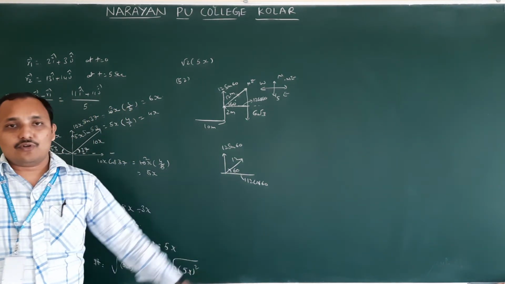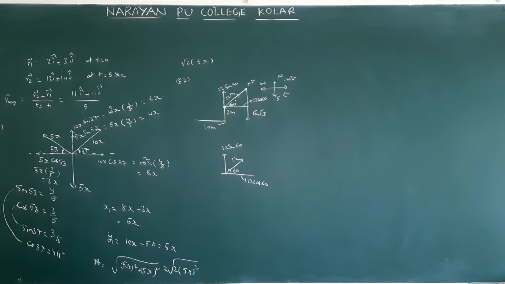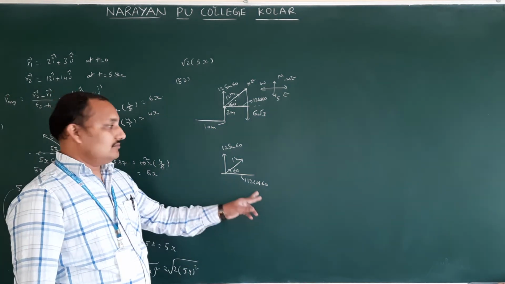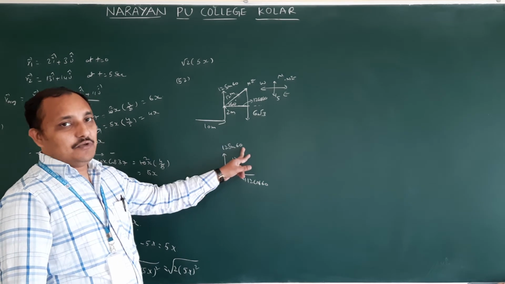Now you should know the cos 60 value. Sin 30 is 1 by 2, cos 60 is 1 by 2, therefore sin 60 is root 3 by 2.